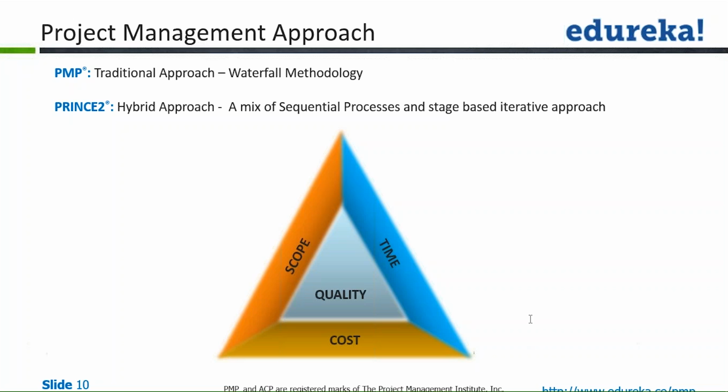The approach that PMP and Prince2 follow is that they look at the constraints of the projects. And what are the key constraints of the project? Scope, time, and cost, with quality in the center of it. Scope, time, and cost, once they are finalized, cannot be changed. The customer does not have the liberty to go and change them anytime they want. Of course, change is the only constant in our professional life.